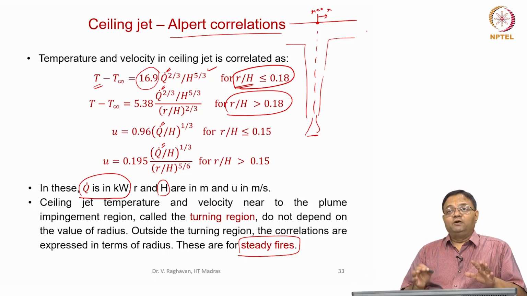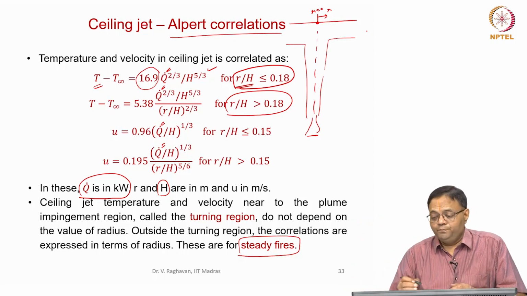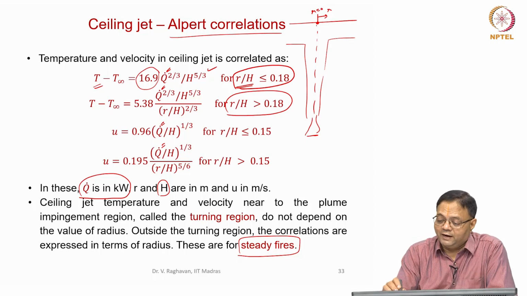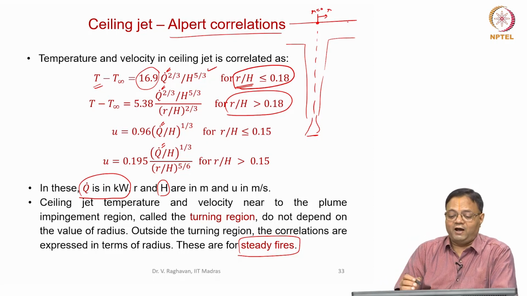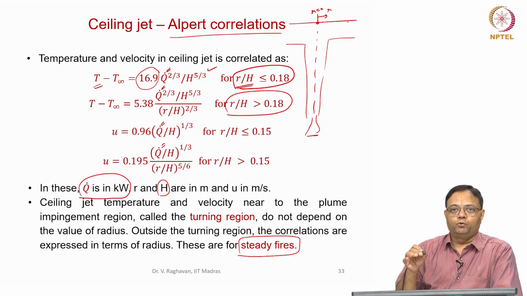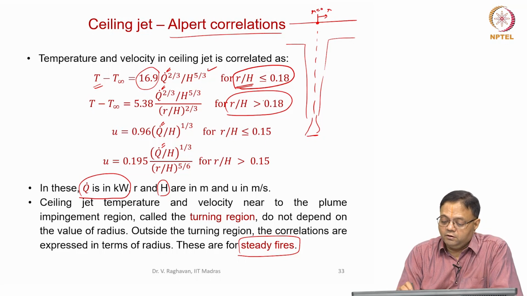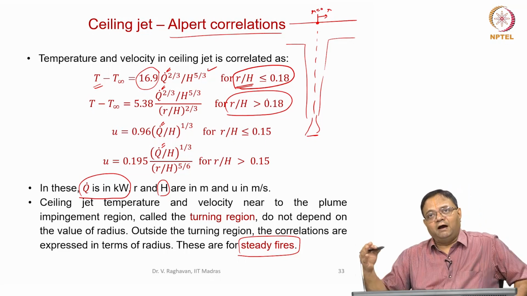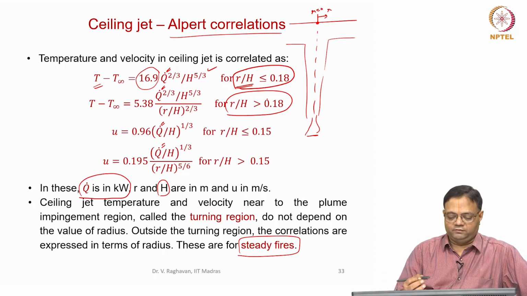So now we divide the location of the ceiling jet into two. One is the radius from r equal to 0 where the influence of the plume is felt. The second regime is after a radius where the influence of the plume is not felt. So we cannot have one correlation. That's what this means.